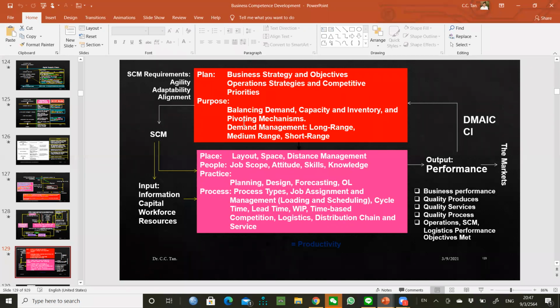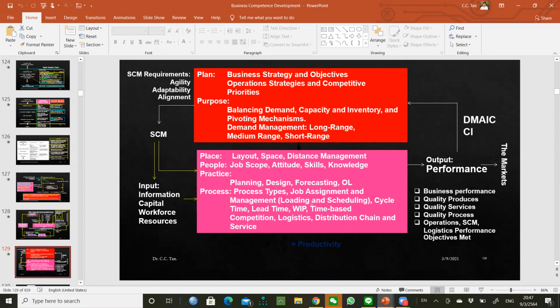It really depends on you. And then from there, you design and explore your supply chain management to help you design and operate your place, in your people, your practice, and your process.